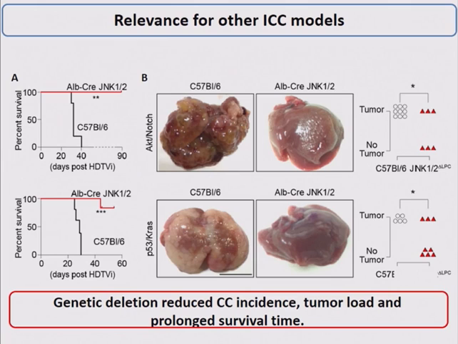In the case of p53 KRAS, approximately 20% of the mice did die, and when we opened up the mice and analyzed them histologically and macroscopically, it turned out that the 100% incidence of tumorigenesis seen in the wild-type controls was reduced by 50% in the ChainK double knockouts. Similarly, when we looked at the p53 KRAS, it was also approximately 50%. So genetic deletion reduced CC incidence, tumor load, and prolonged survival time for these mice.